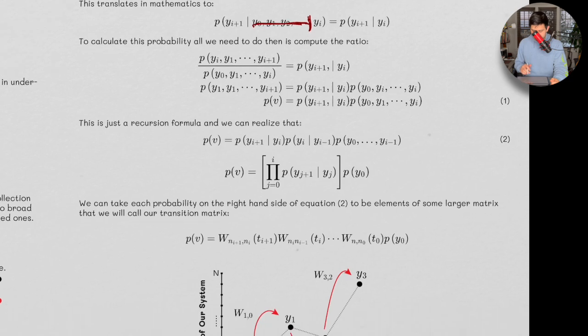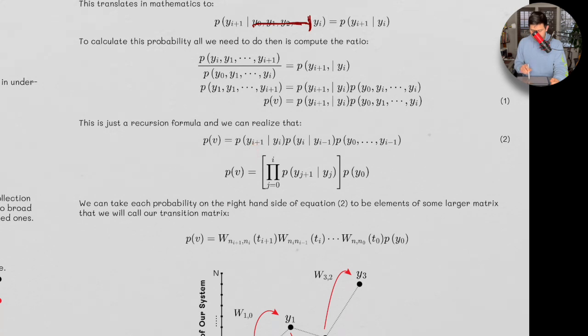We can realize this because if the probability of going to I plus 1 is all of this, where we have the next one down right here, yi, well, the probability of yi then is going to I minus 1, which is right here.